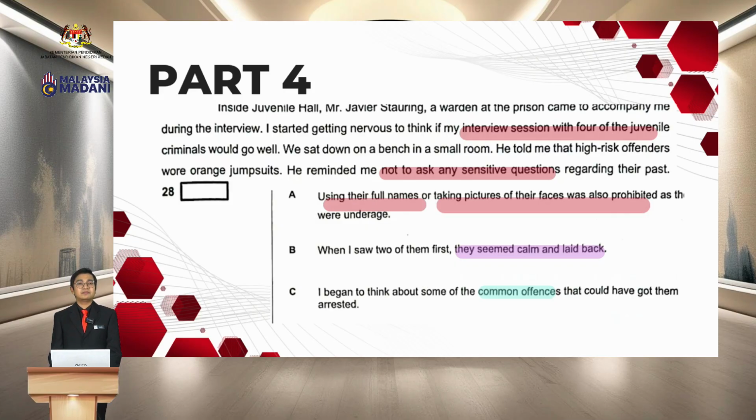However, let's look at B. They seem calm and laid back. The sentence before does not say anything about the juvenile criminals yet. And for answer C, we have already used it for question number 27.